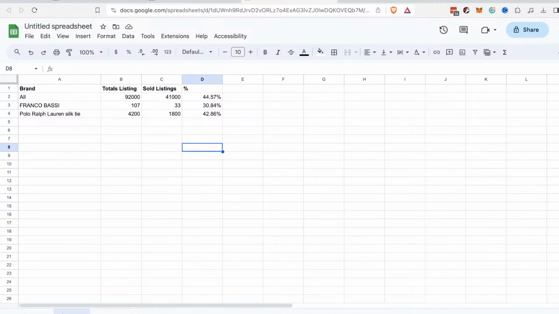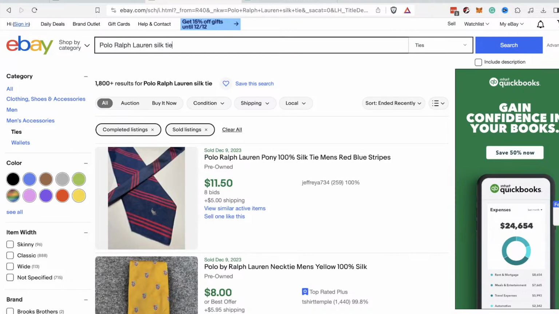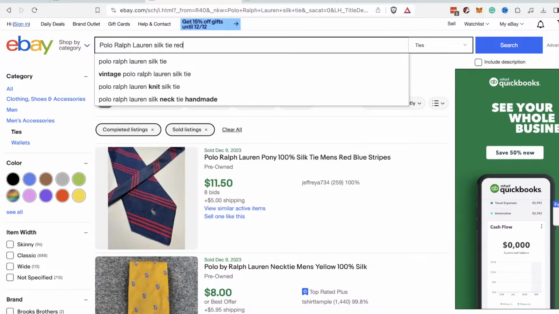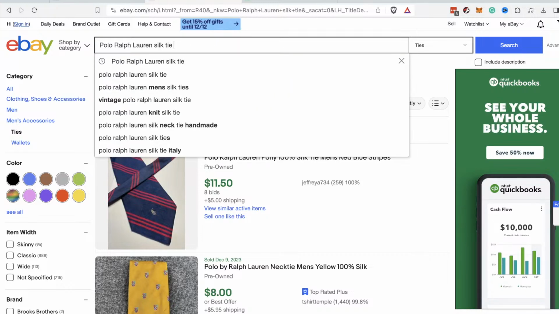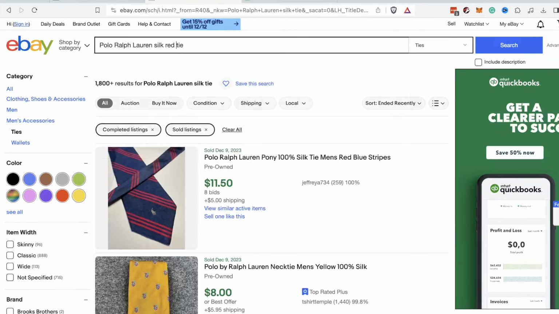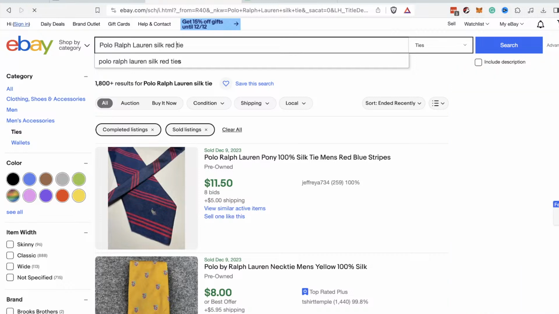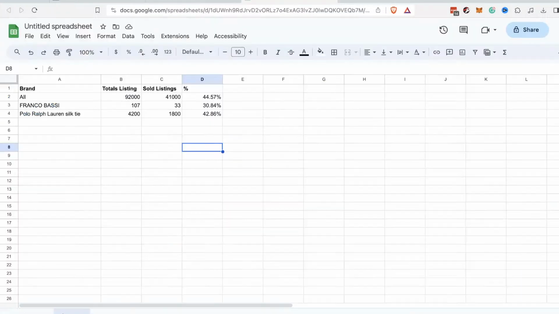Now, I will also say that you may want to look at specific colors. So let's dive into that a little bit. Let's just look at red ties. We bring this down, and then we look at red ties.